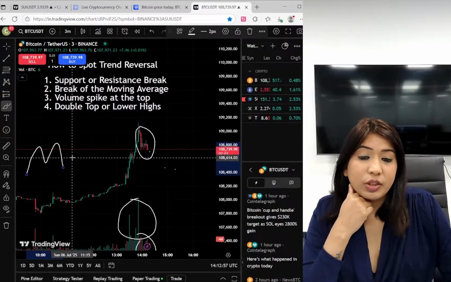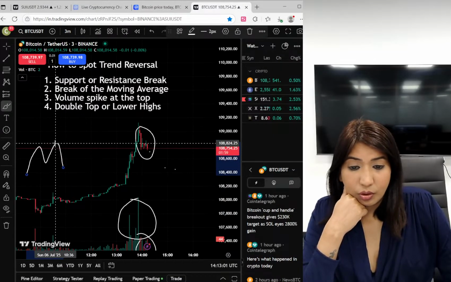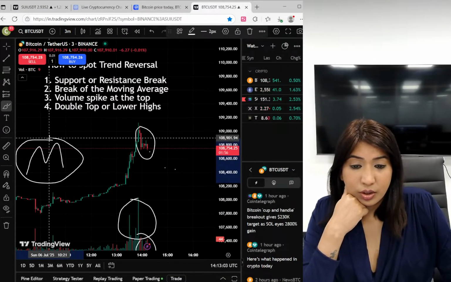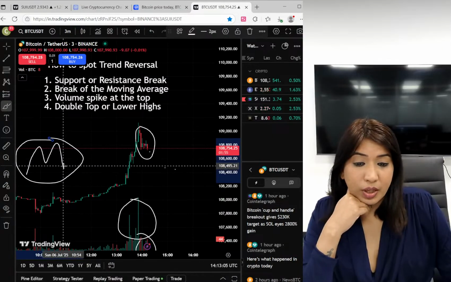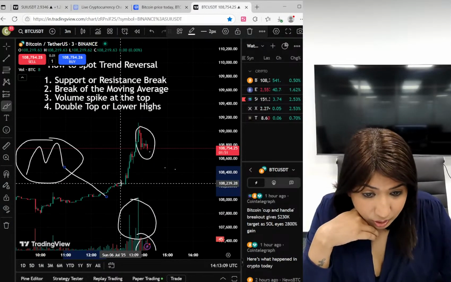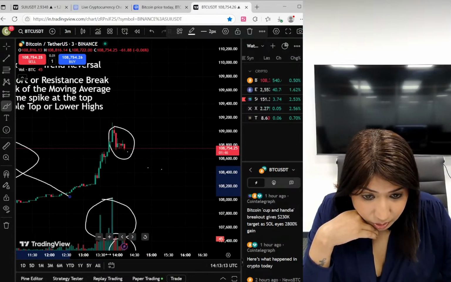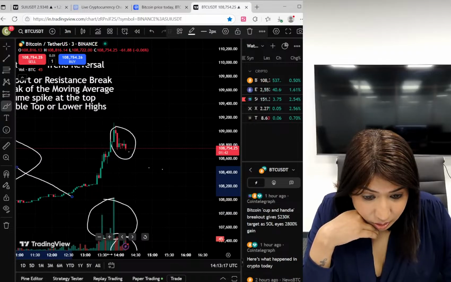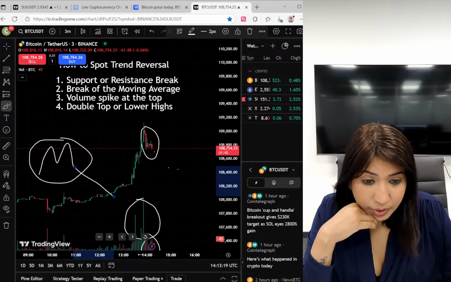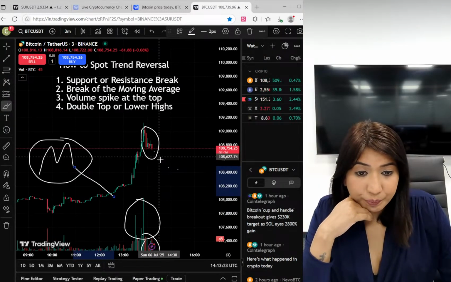If this is created on the chart, in most cases you might see a trend reversal happening. Here in this scenario, it doesn't look like a double top has been created. We might see it in a couple of minutes, but not at the moment for sure.